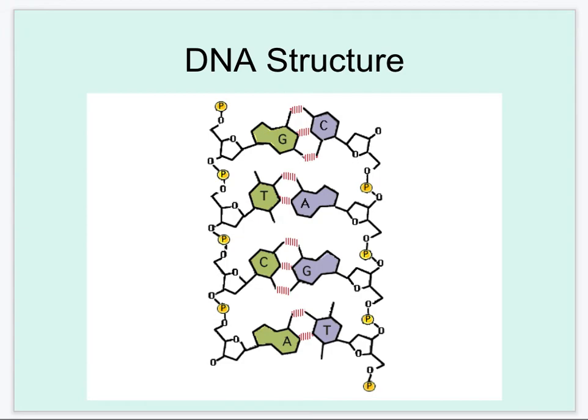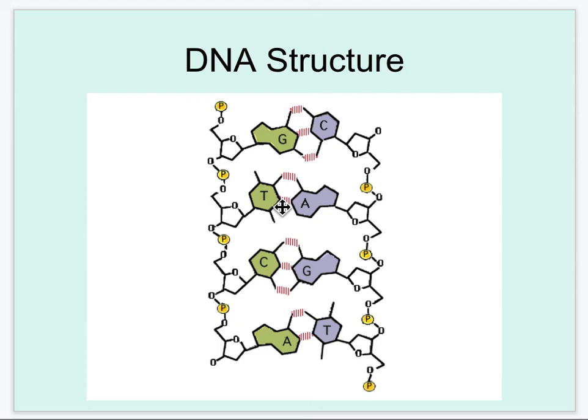Okay, so this is kind of what the structure of DNA would look like. In between every base pair, between every nucleotide base, you can see these red little lines. They're not fused together, they're connected by bonds, and the bonds that hold them together are called hydrogen bonds.